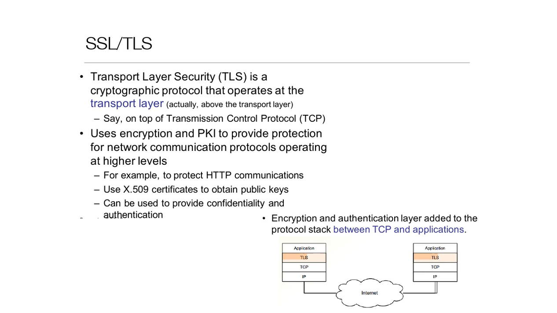Obviously, when we have cryptographic algorithms, their responsibility is to provide confidentiality and authentication. This diagram shows again how the encryption and authentication layer is added to the protocol stack between the transport layer and the application layer. In the previous diagram you also saw that.